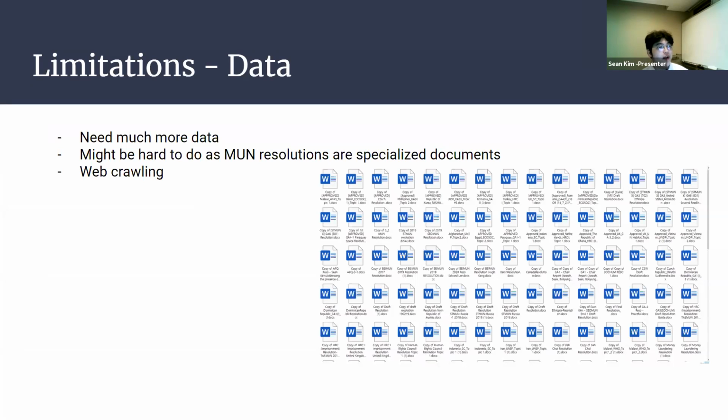This might be hard to do as MUN resolutions are specialized documents, but I think that this can be solved to a certain degree with web crawling.